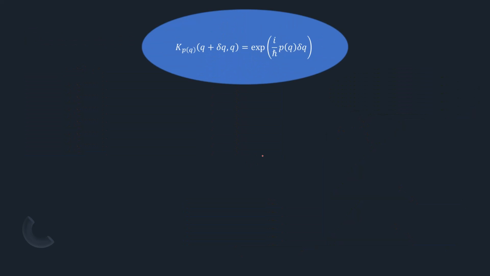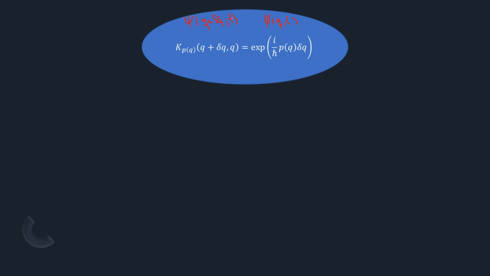So our kernel is given by this if we want to connect a probability amplitude written in a point Q of the configuration space to a probability amplitude written in a point Q plus delta Q, also in the configuration space.